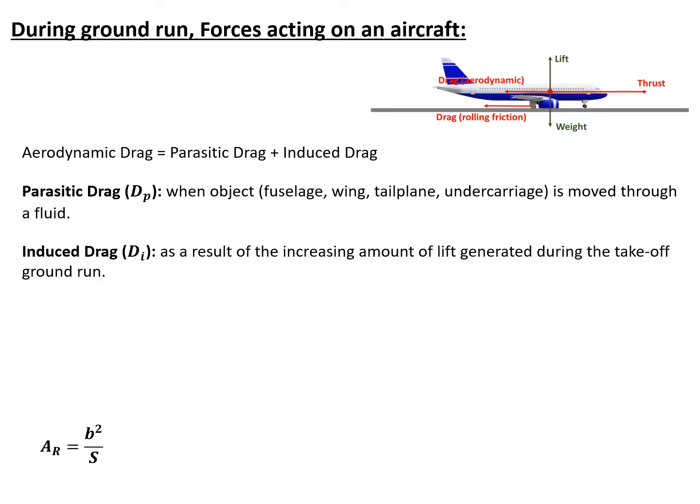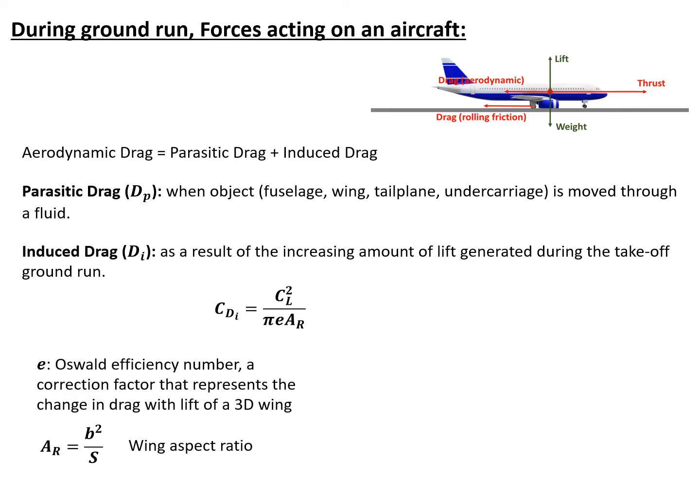The second is induced drag. The induced drag is a result of the increasing amount of lift generated during the takeoff ground run, so it is related to lift. So we have the induced drag, DI. And we know the induced drag coefficient CDI is related to lift, with the equation CDI equals CL squared divided by pi E AR.